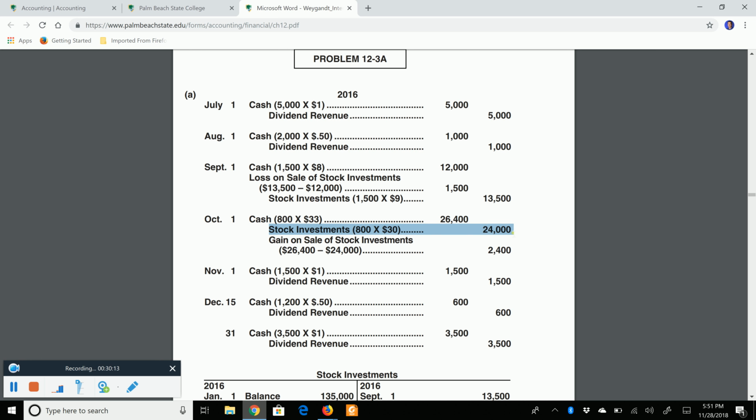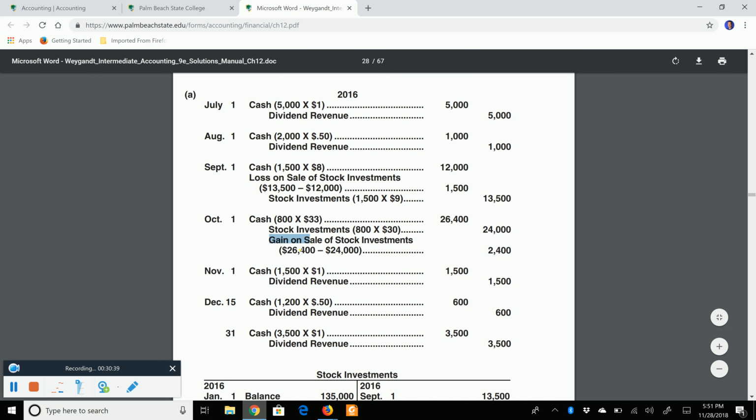That's $24,000. You can see we received $2,400 more cash than our original investment. That's a gain. All right, so September 1, I'm showing you an example of selling a stock at a loss. Losses have a debit balance. And October 1, I am showing you an example of selling a stock at a gain. You can see the gain has a credit balance.